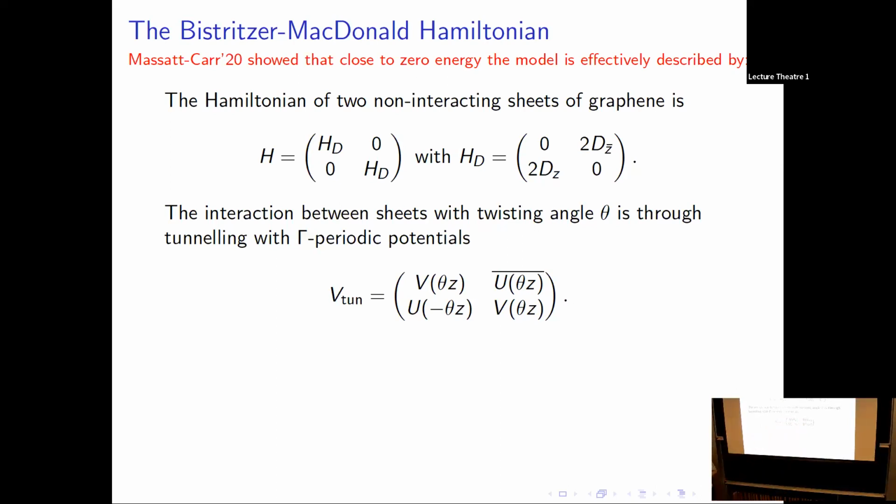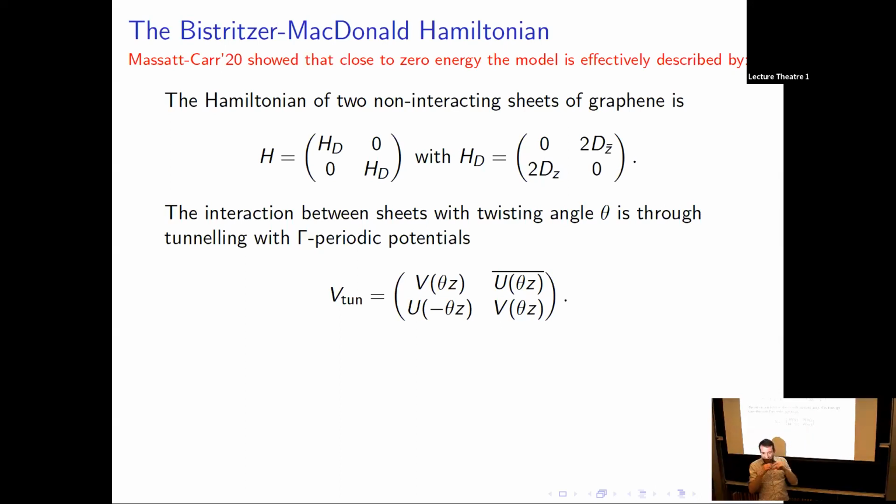To fix the ideas, this is the Dirac operator of the graphene lattice. You might ask where this model comes from. In some sense, if you have a tight-binding model, a discrete model of this, then if you look at the energy limit around zero energy, if you take a low energy limit, you recover the Dirac operator, so then it's a continuous model.